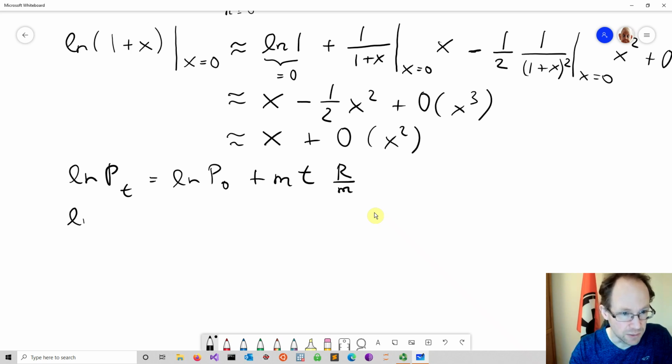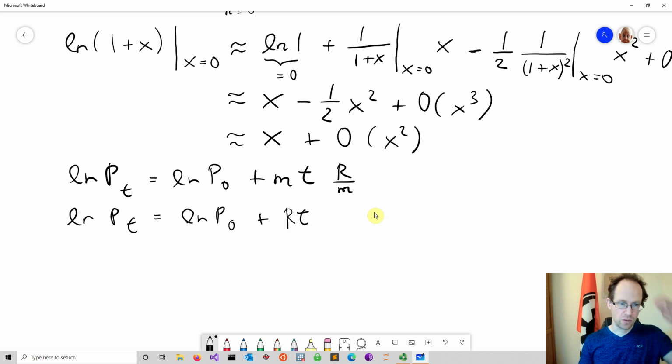So in the limit, we know that ln pt is equal to ln p0 plus rt. Now if you look at this equation, at the end of the day we don't want the ln of pt, we want to know something about pt. Well, what we can do is simply take the e function on both sides.